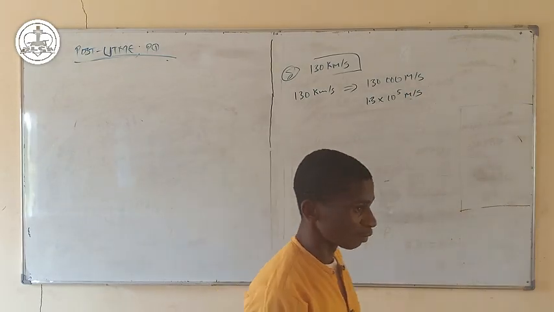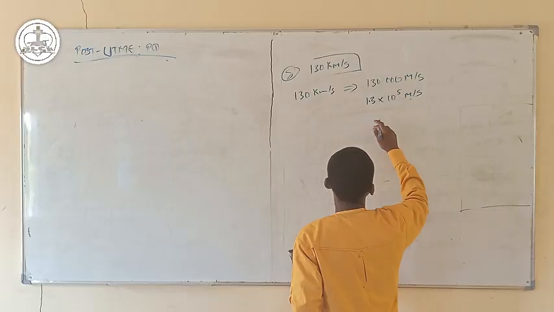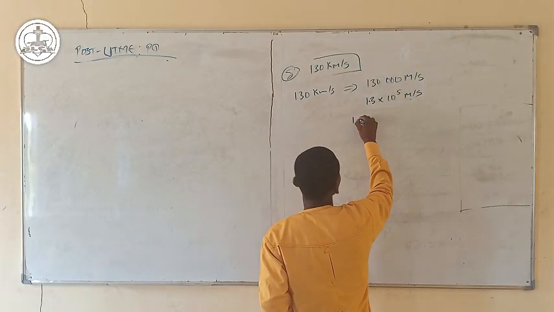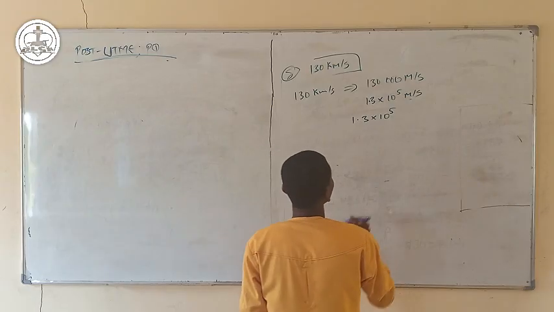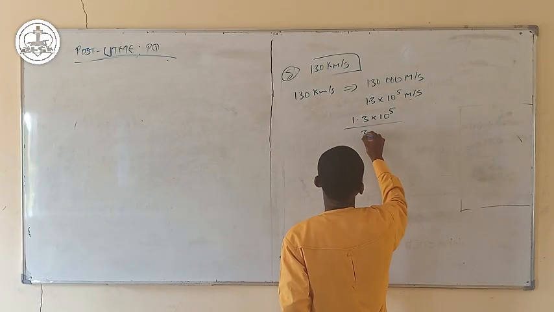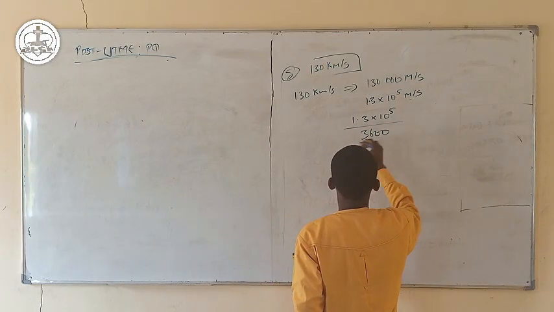For it to be in this form, we're going to write this as what? 1.3 times 10 raised to the power 5 divided by what? 3600, and this is going to give us what?